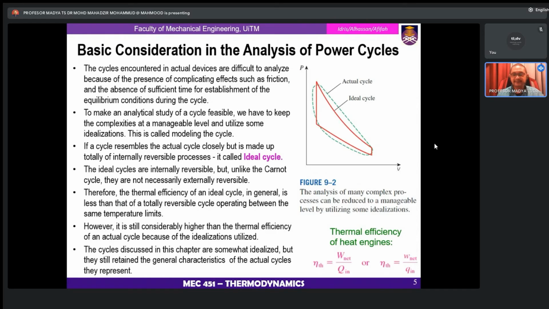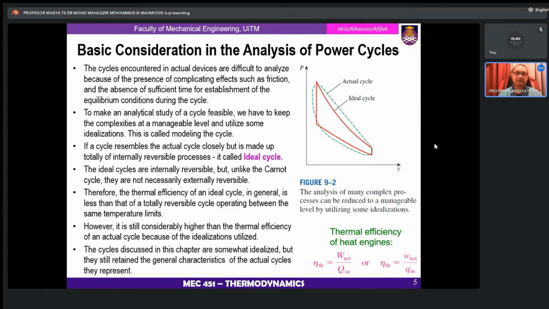Okay, as I mentioned, the systems and applications of thermodynamics based on the heat engine are quite complex. So basic considerations in the analysis of power cycles must be made.